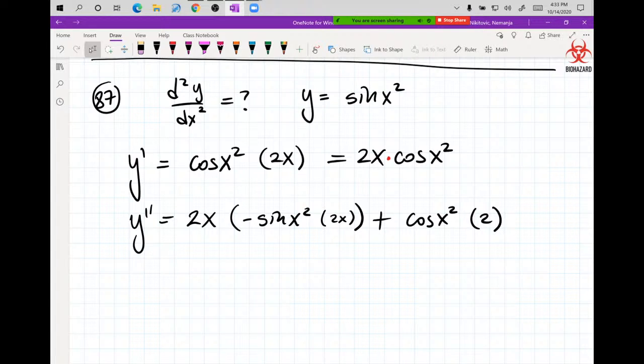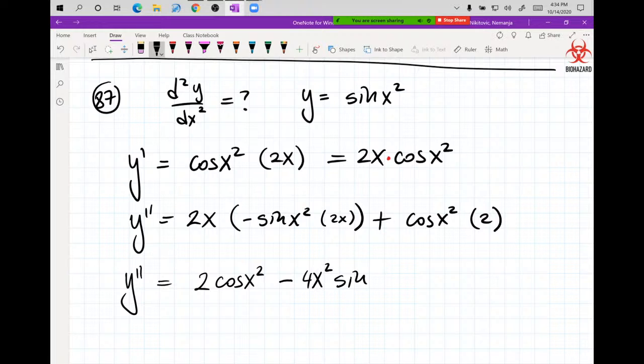And now, there is no point in factoring 2 in this case, because it really doesn't contribute very much. But I am going to write 2 cosine x squared first, and then minus 2x. Oh, that's not, it's a 4x squared.